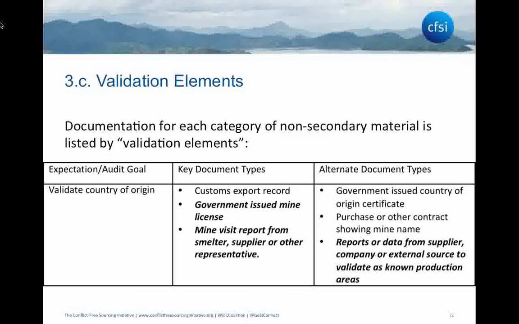So alternate documents are more intended to help both the smelter and the auditor in having alternatives and more options for documents that can be used to validate a specific element, and again in this example to validate a country of origin.